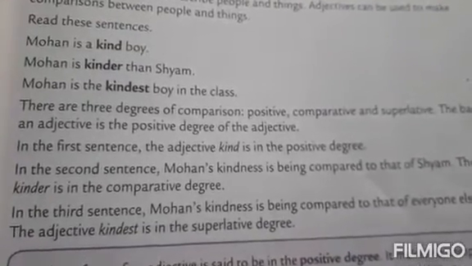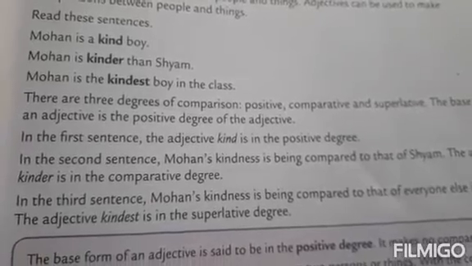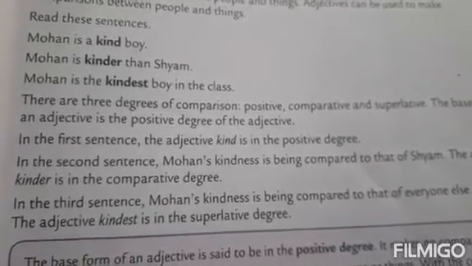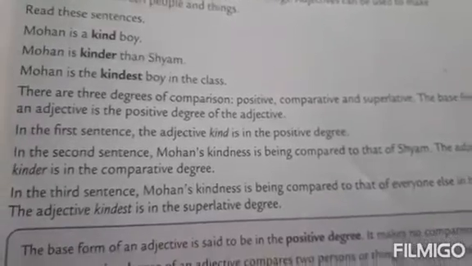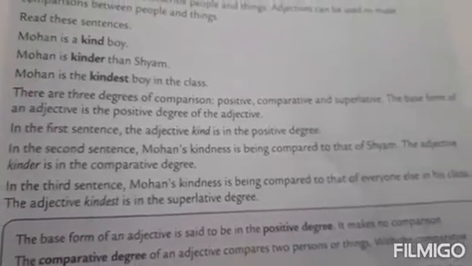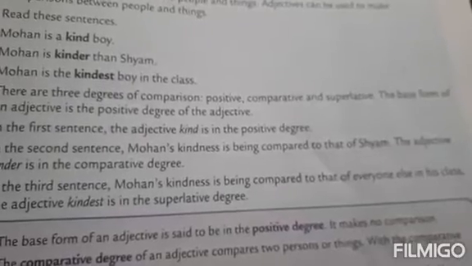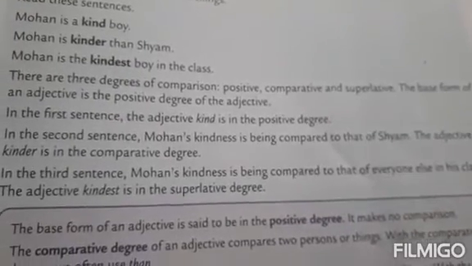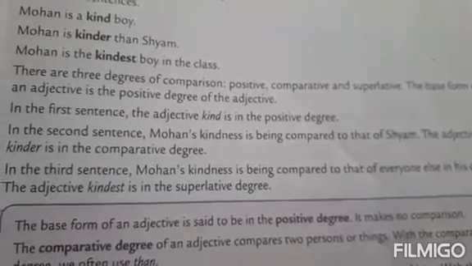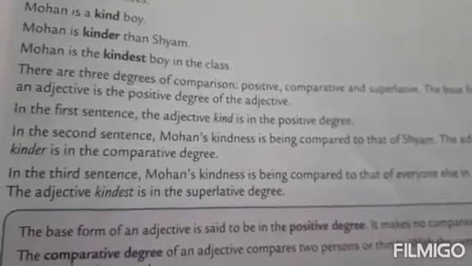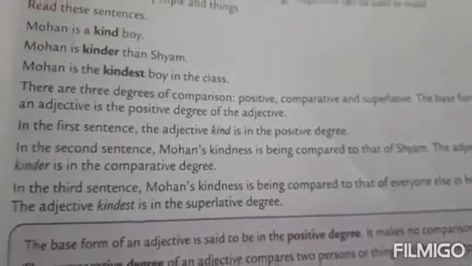Okay, and in the third sentence you can see Mohan is the kindest boy in the class. So in the third sentence, Mohan's kindness is being compared to that of everyone else. So Mohan's kindness is compared with everyone in the class.